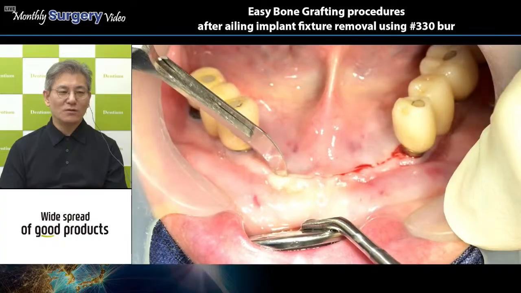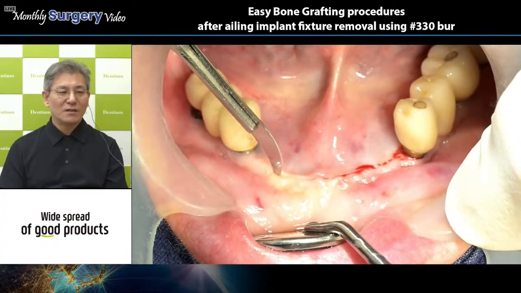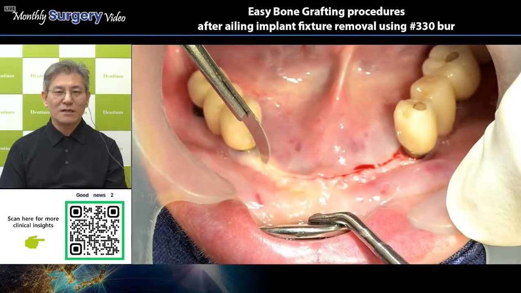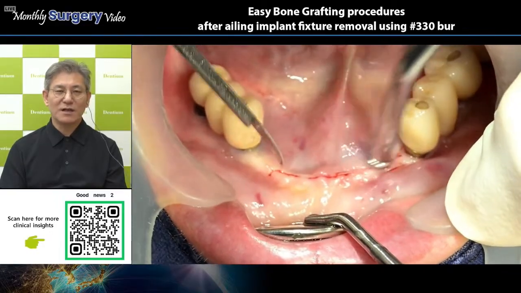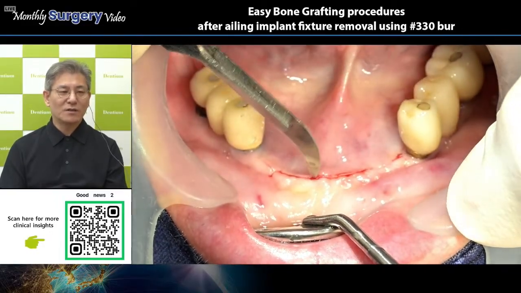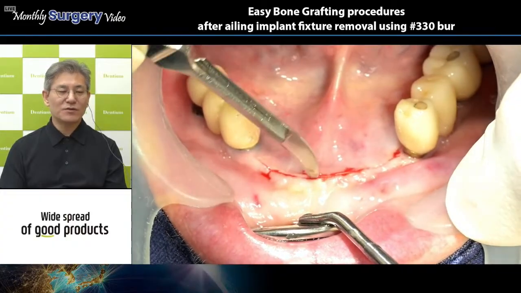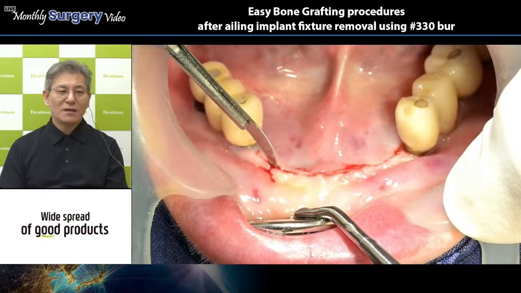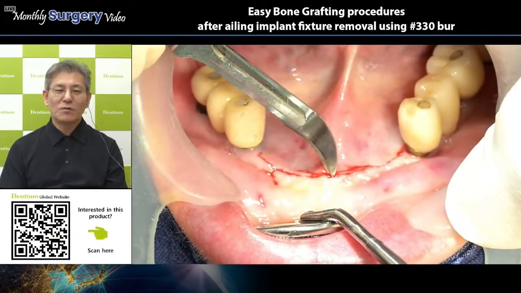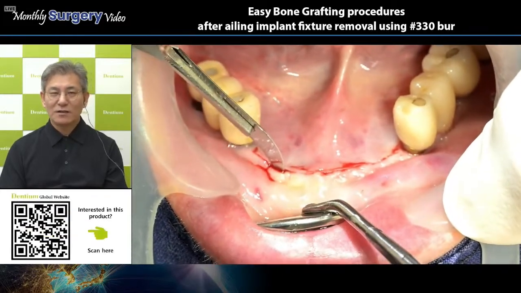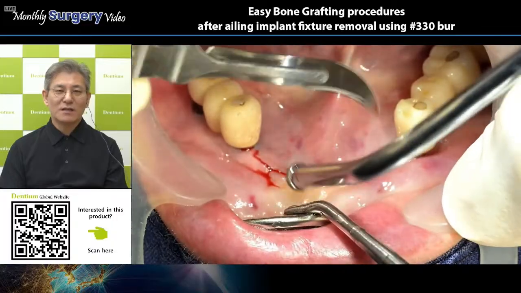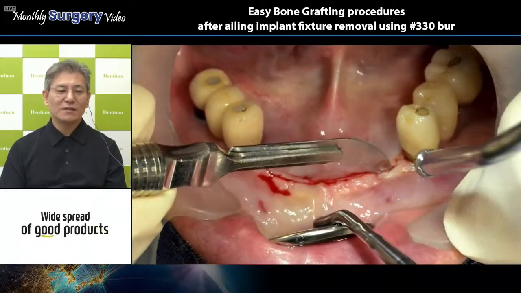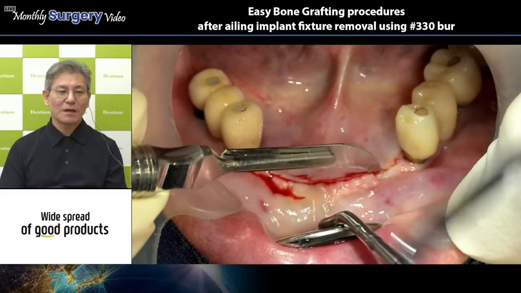However, in the upper jaw, the maxillary area, an incision a little bit deviated from the crest is popular. For example, in the maxillary posterior area, make a crestal incision maybe 2 millimeters deviated from the middle portion of the crest toward the palate. That is more comfortable for handling the flap.